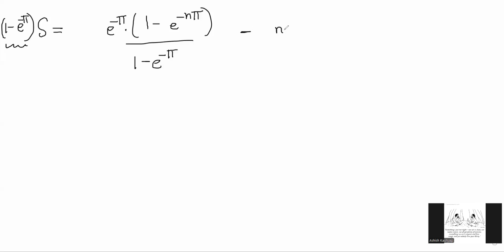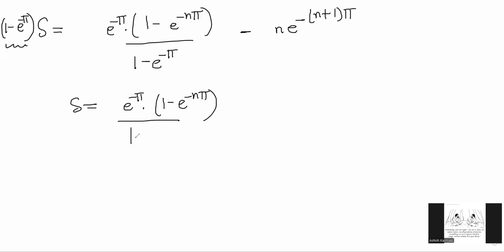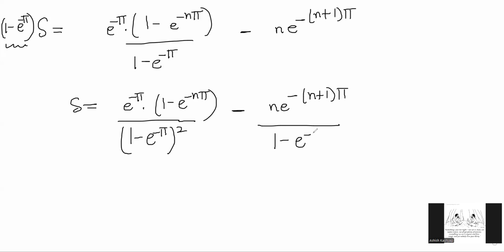And then the second term was minus n e power minus n plus 1 pi. So your S is becoming e power minus pi, 1 minus e power minus n pi by 1 minus e power minus pi whole square, minus n e power minus n plus 1 pi divided by 1 minus e power minus pi, right? So this is my expression for S.